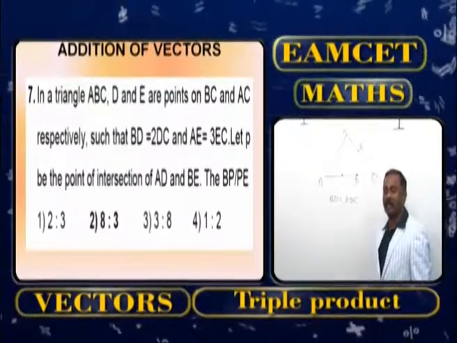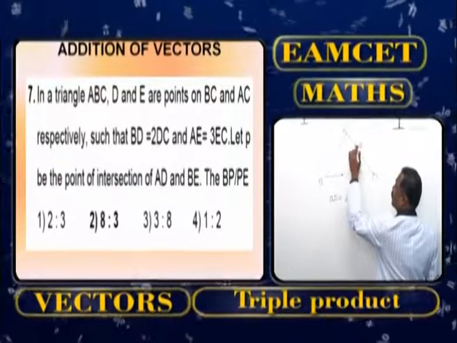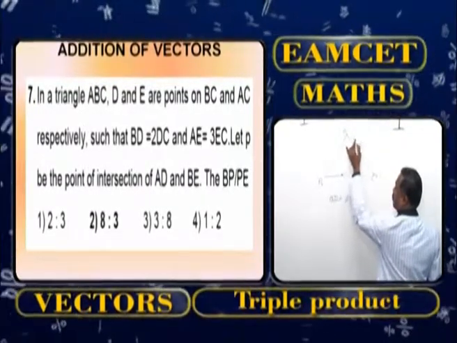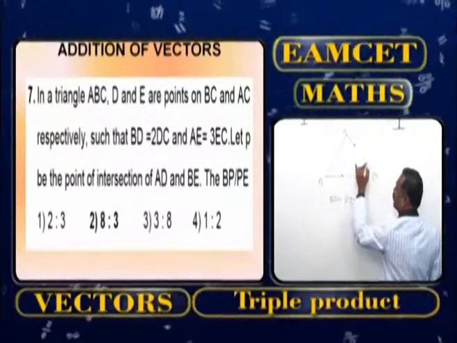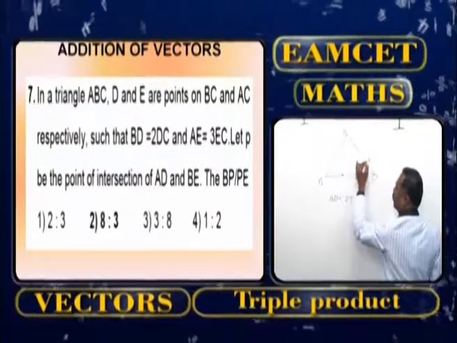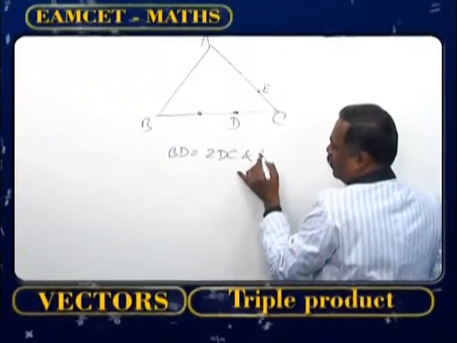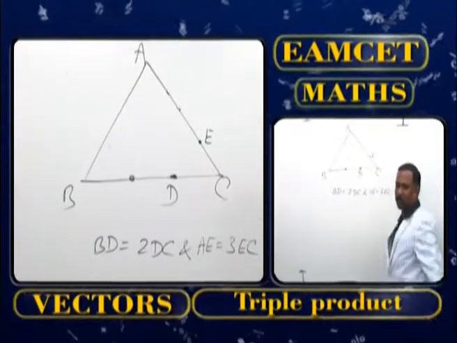AE is thrice EC. If you take this as EC, then AE is three times EC. This is the data given.